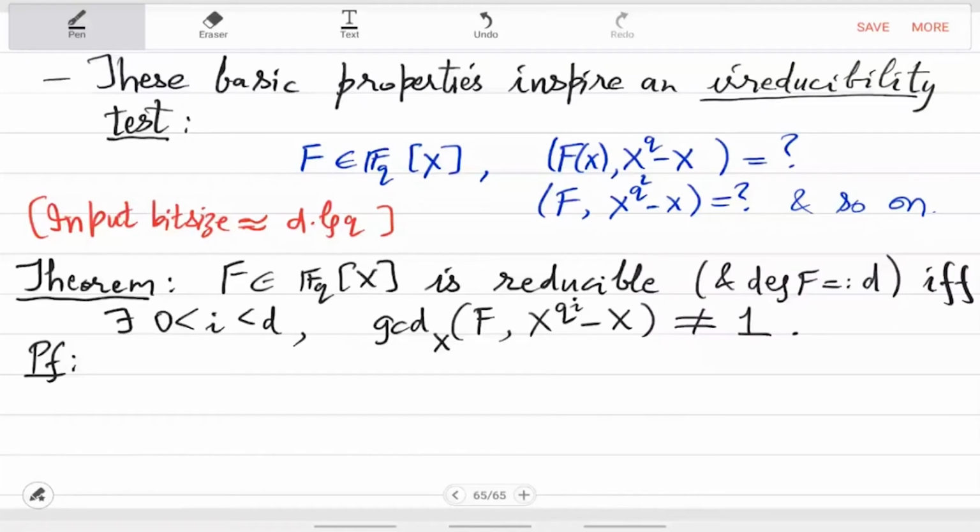So let's do the forward direction. We assume big F is reducible.